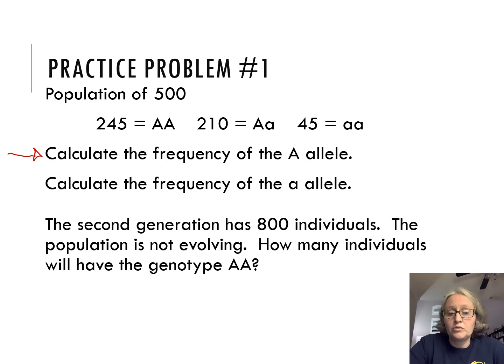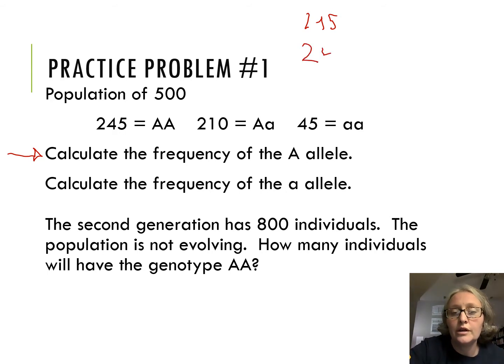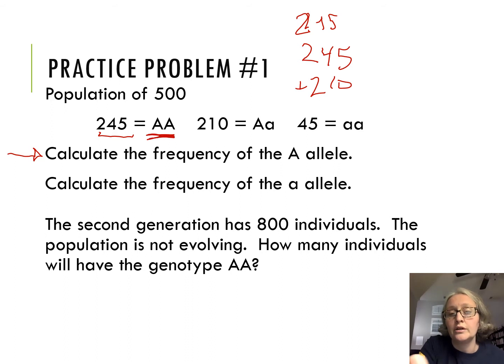So in this case, when I'm trying to figure out the frequency of the big A allele, I've got 245 plus 245 plus 210. The reason that I did 245 twice is because you'll notice that of those 245, they had two big A alleles. So I add all this up together, and this equals 700.